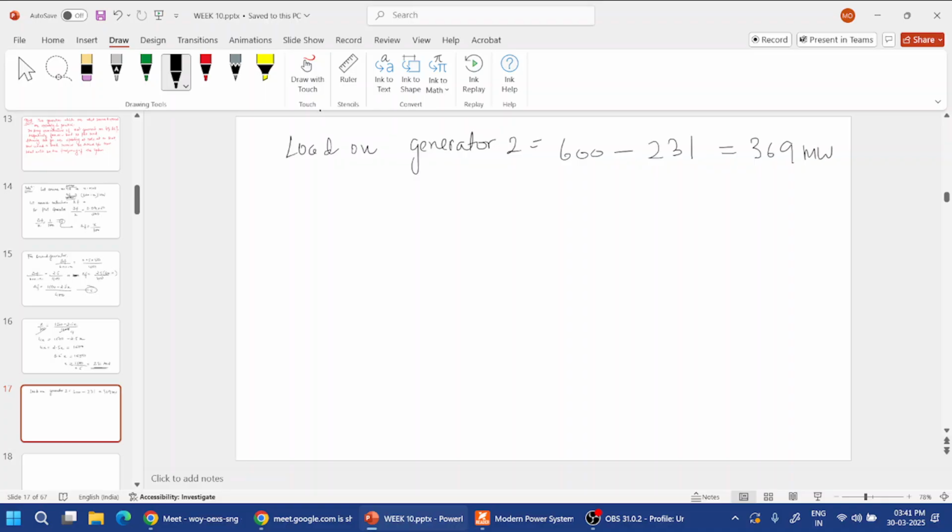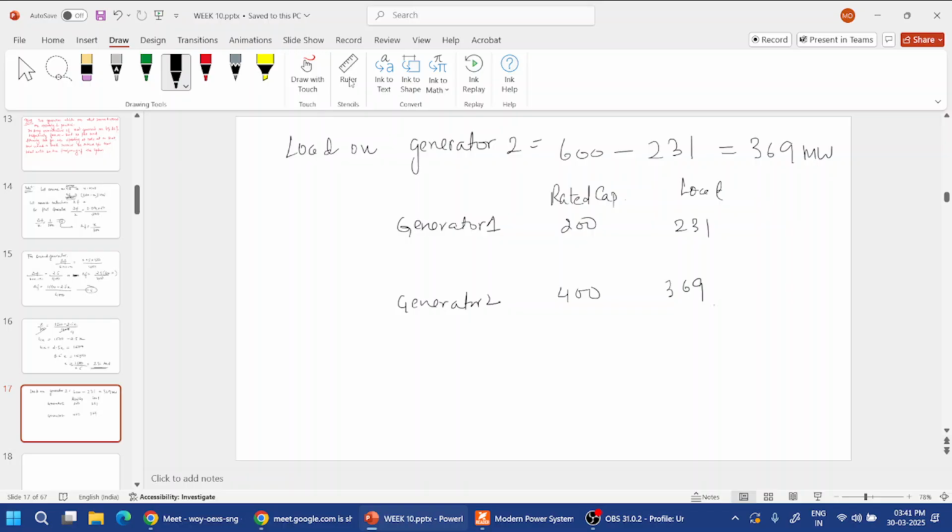Now you can see here, I will write it here: generator 1, generator 2. Rated capacity: 200 and 400. The load: it is 231 and it is 369.